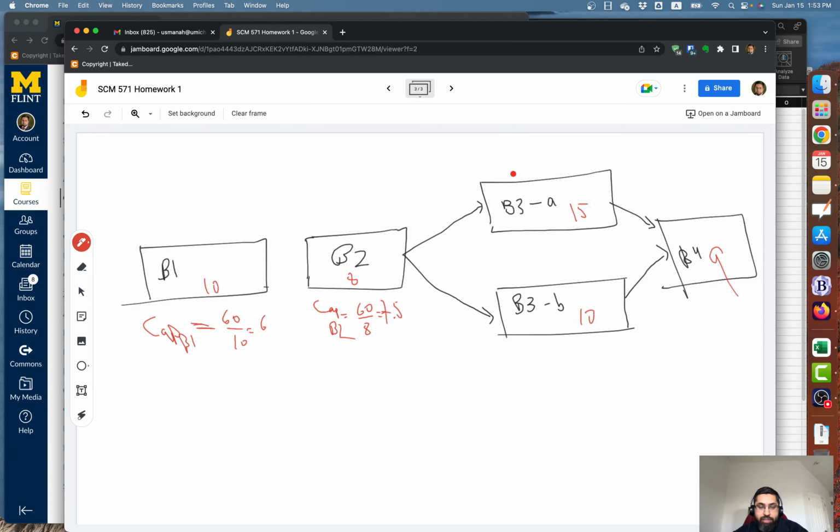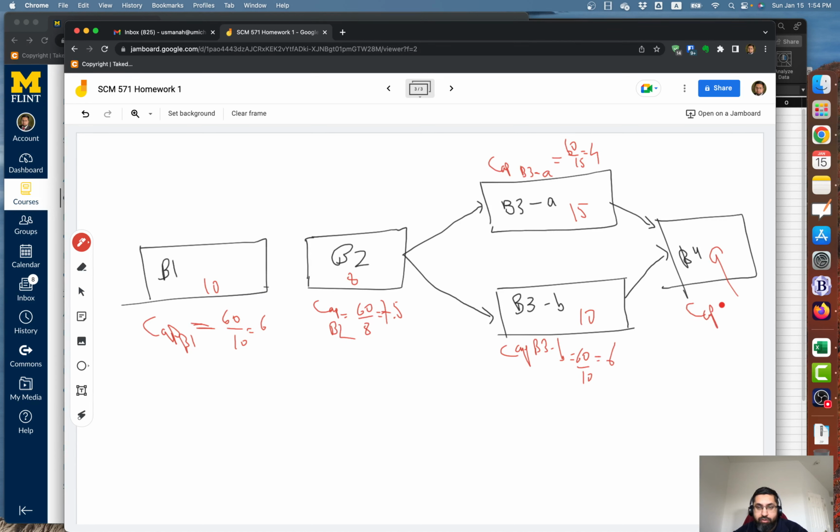Okay. The capacity of B3A, which is one workstation or worker in step B3, not the whole B3, is going to be 60 over 15, which is going to be 4 customers per hour. And capacity of step B3B will be 60 over 10, which equals 6 customers per hour.